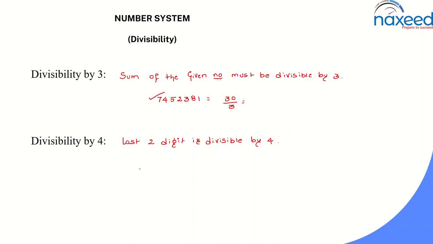Take an example here, 456. Take the last two digits, that is 56. 56 is divisible by 4, 14 times. Yes, the whole number 456 is divisible by 4. Like this is the way to find whether a number is divisible by 4 or not.